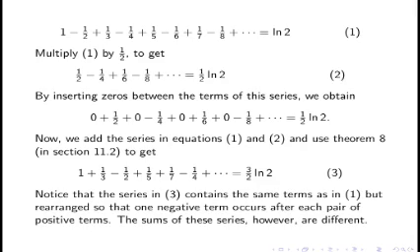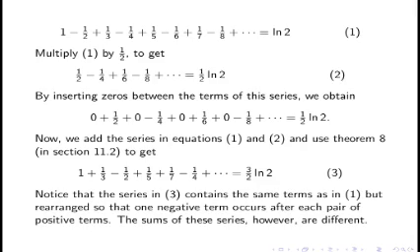But notice that the series in 3 contains the same terms as in 1, but it's simply rearranged so that we've got one negative term occurring after each pair of positive terms, but the sums of these series are different.